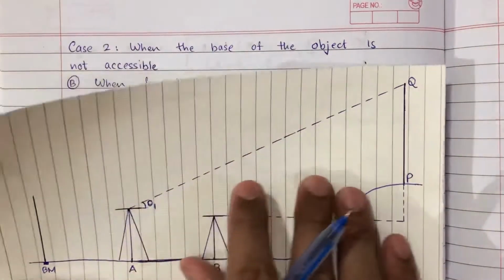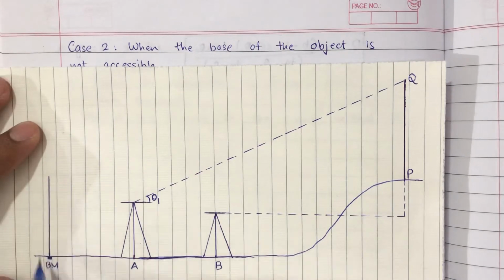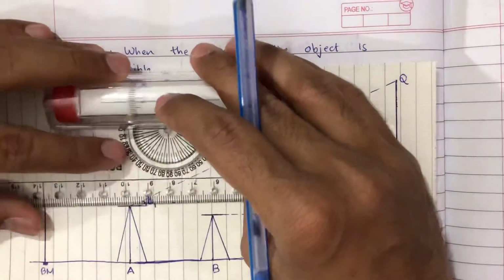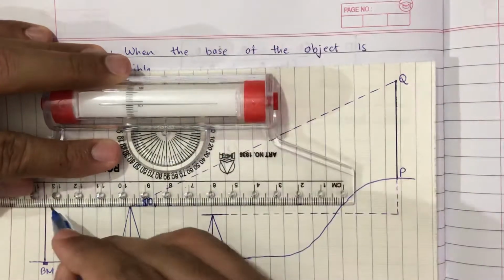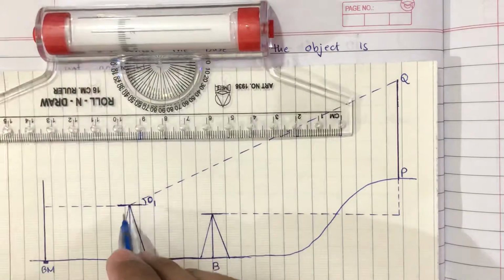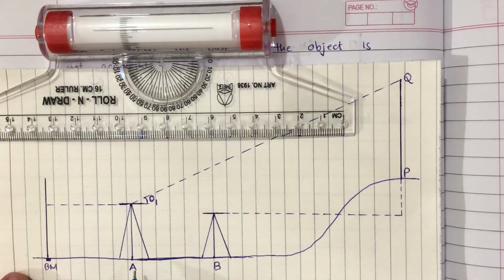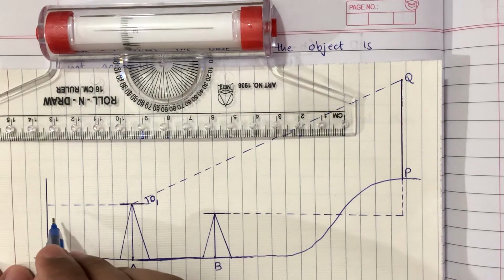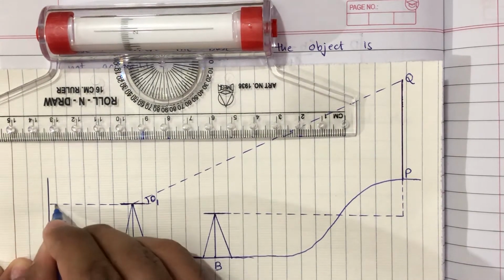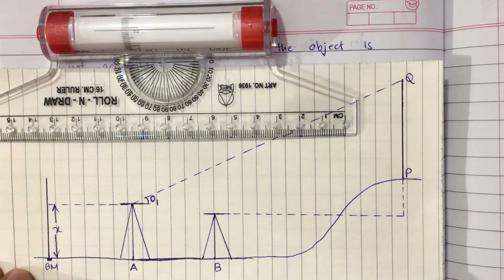Also, one leveling staff is held vertically at this benchmark and a backside reading is taken on the benchmark with the help of this theodolite placed at point A. Let this backside reading be X.